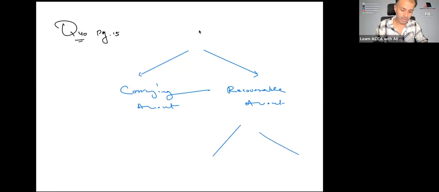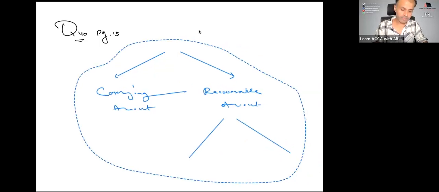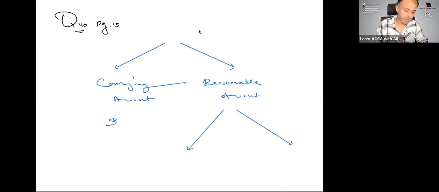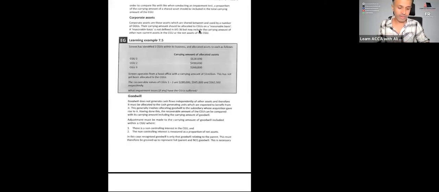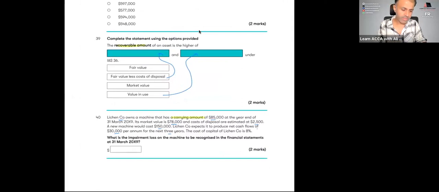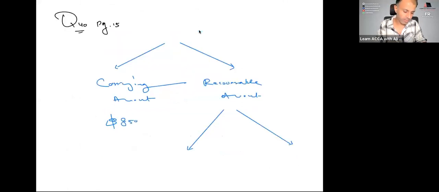Well, the recoverable amount is the higher of two things. The carrying amount is given, 85,000. The value in use and net selling price are something that we have to work out.